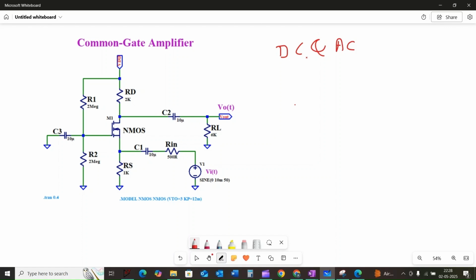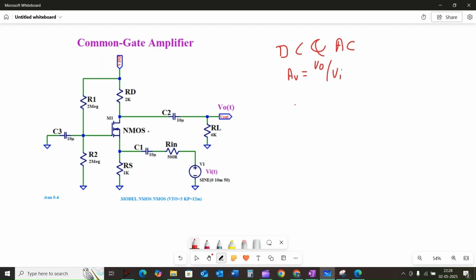Our aim is to calculate the voltage gain, that is Av is equal to Vout divided by Vin. Let us start by examining the circuit.